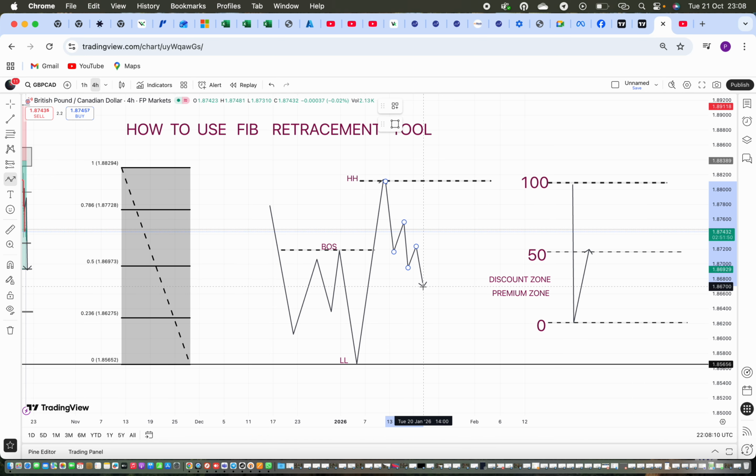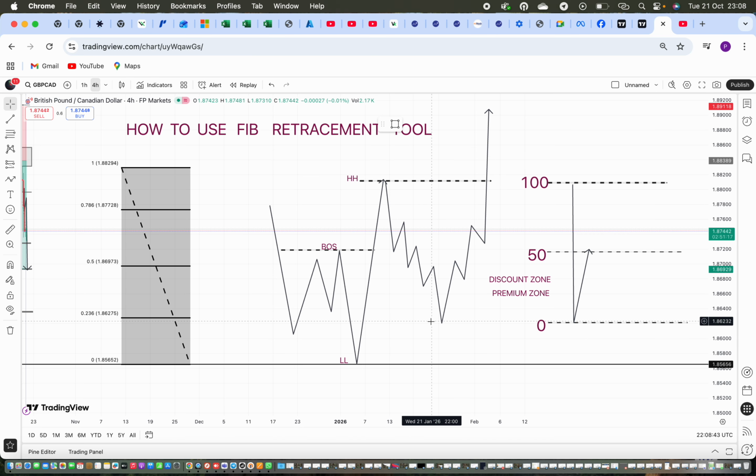Remember, these are the internal structure, and maybe it pulls back to somewhere here, which is like 20% or 30% on the Fibonacci. Maybe around this area we may have a fair value gap or a breaker block. Now notice this whole internal movement gives us this pullback before price will eventually give us something like this and give us another higher high.